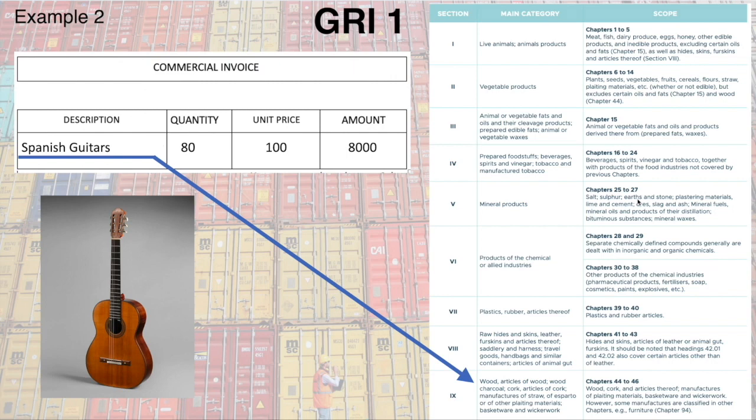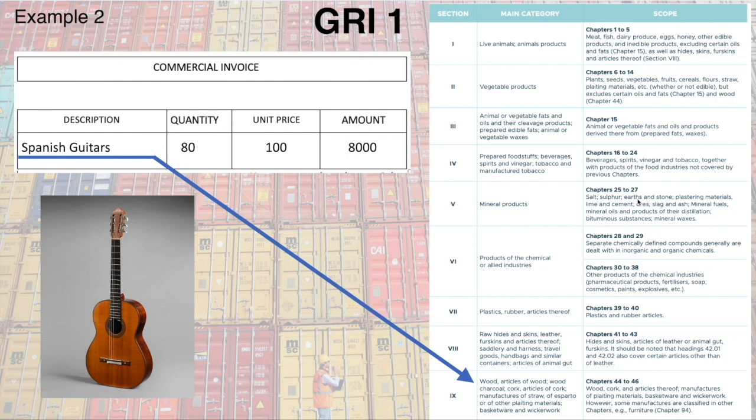When we study a bit about it, we know that it is a guitar made of wood. So when we look for a reference in this section, we can find section number 9 in Roman numerals down there, which indicates that articles of wood are classified in this section in some chapter from 44 to 46.